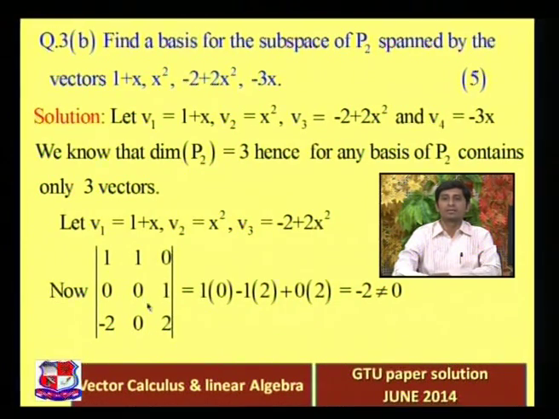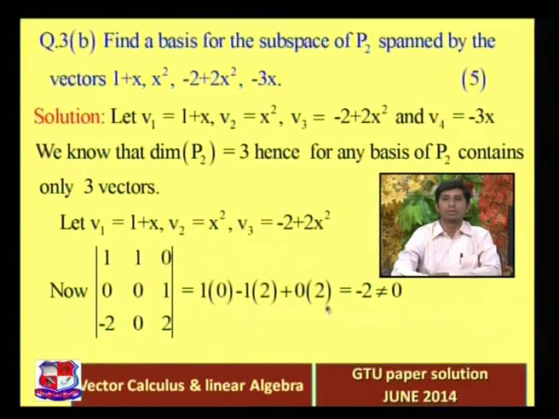Now let's check the value of this determinant. That is equal to 1 into (0 into 2 minus 1 into 0), so that is 0. Then minus 1 into (0 into 2 minus 1 into minus 2), so that will become 2, plus 0 into (0 plus 2).